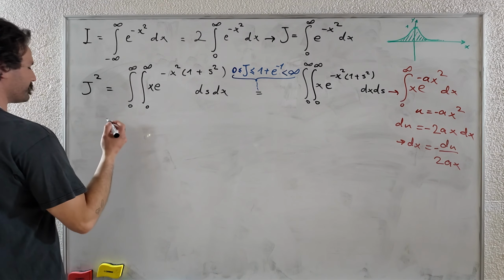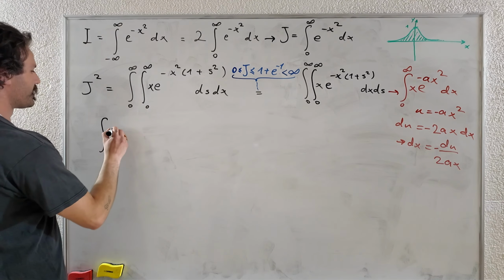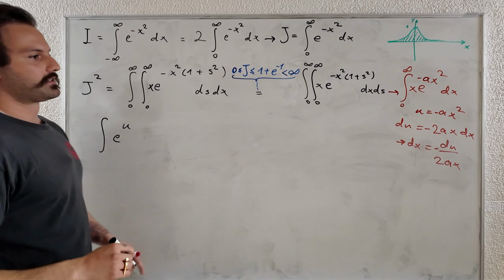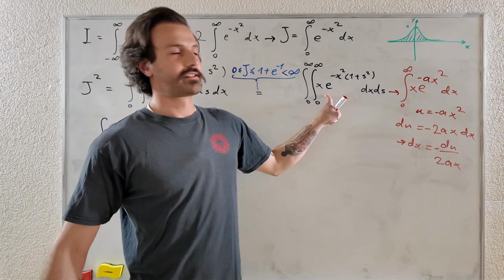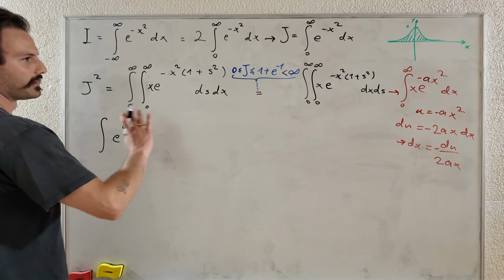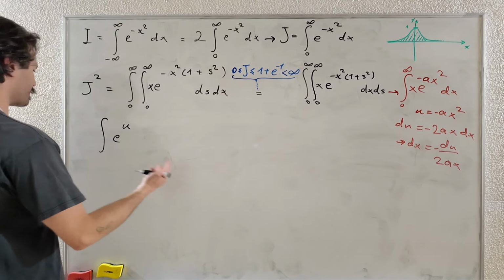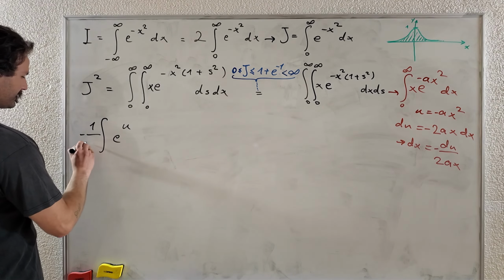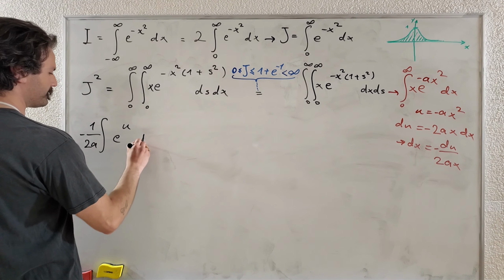So we'll get the inner integral of e to the power of u, and we see that 1 over x will cancel out x, so we can omit that, and we have minus 1 over 2a, which is a constant with respect to u, so we can multiply it to our integral, and we have du.